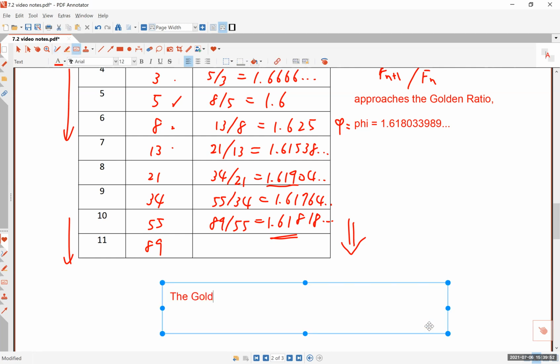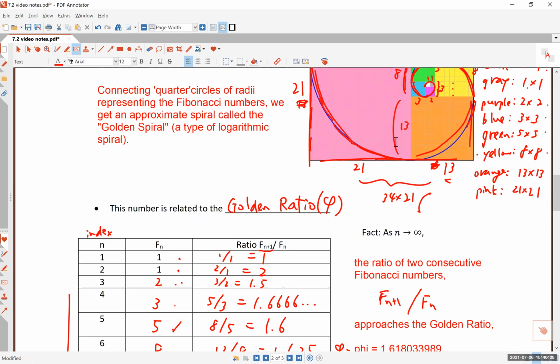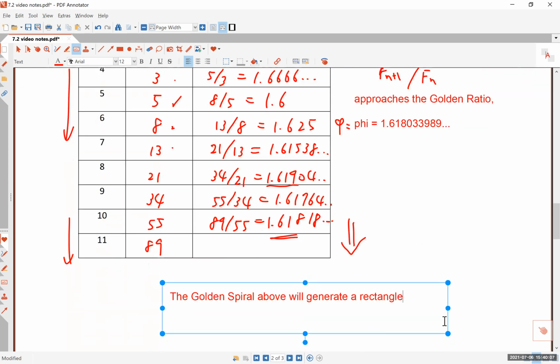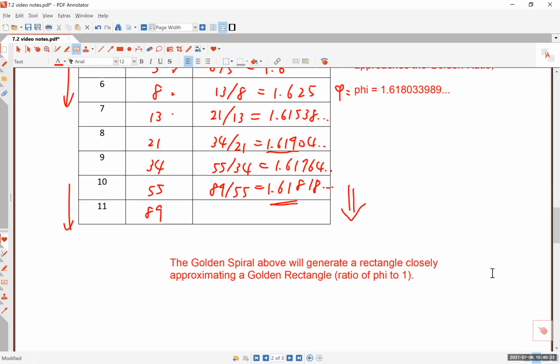The golden spiral that we saw above, the construction you saw up here with bigger and bigger rectangles, will generate a rectangle closely approximating a golden rectangle, the ratio of phi to 1. So that is the connection between these two things.